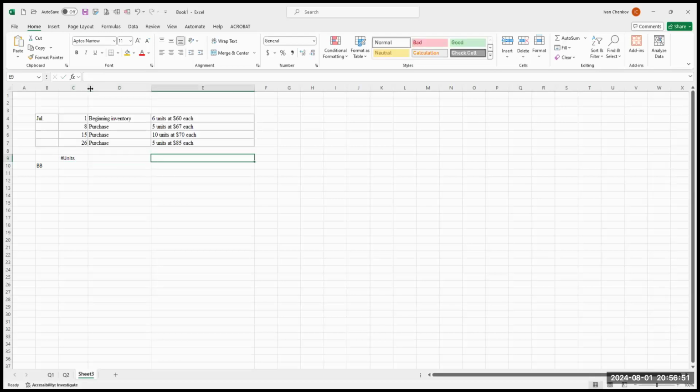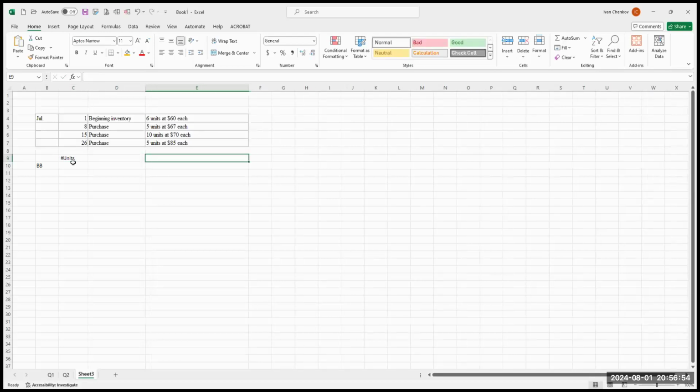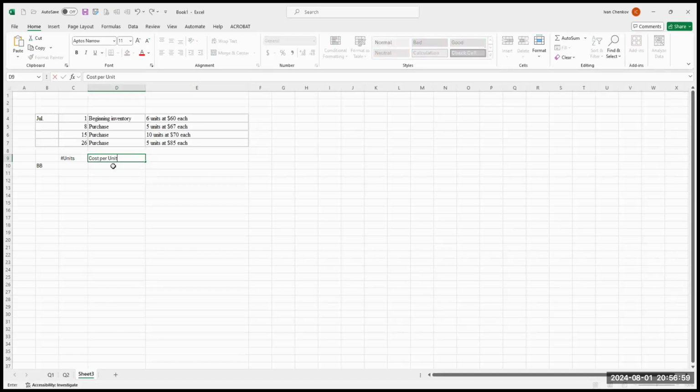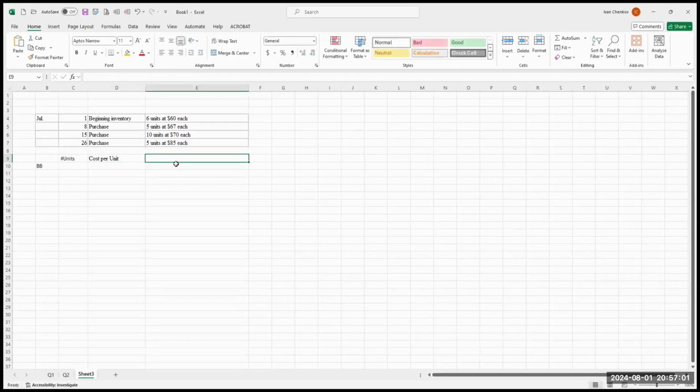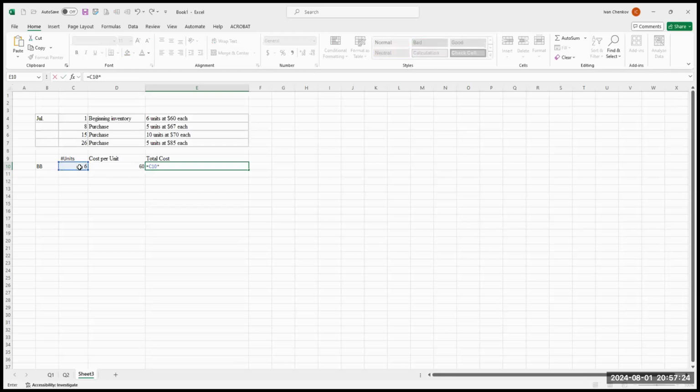And the next thing that I need is the cost per unit. Once I have those two, I can get the total cost. So my beginning balance on July 1st, I have 6 units at the cost of $60, and that's going to give me the total cost of $360.